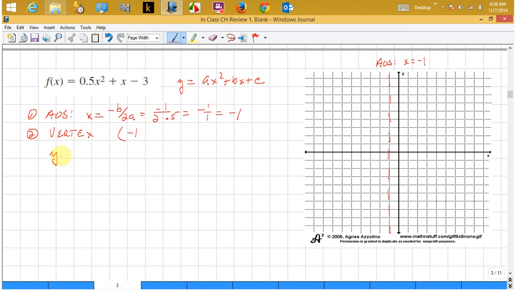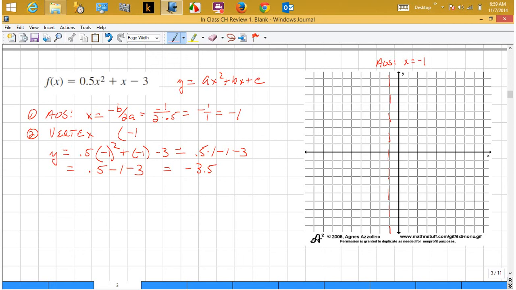So I substitute negative 1 into this, so I get 0.5 times negative 1 squared plus negative 1 minus 3. 1 squared is 1, so 0.5 times 1 is 0.5, minus 1, minus 3. 0.5 minus 1 would be negative 0.5, minus 3, so I have that equaling negative 3.5.